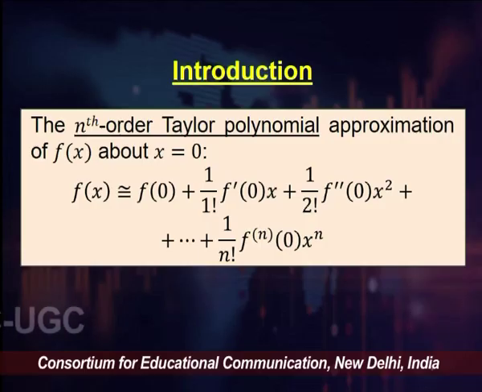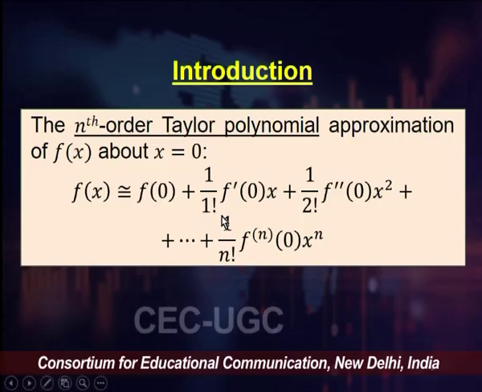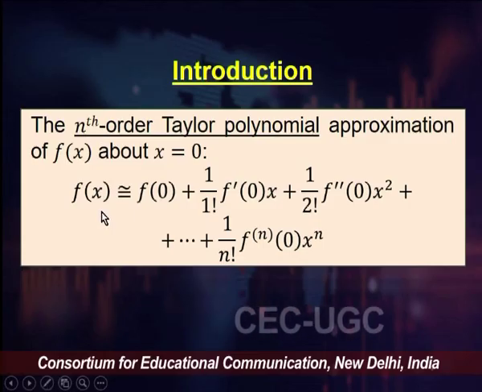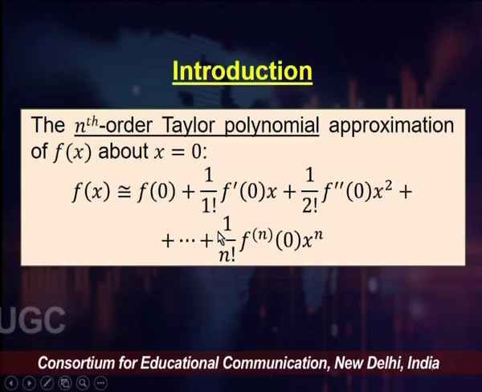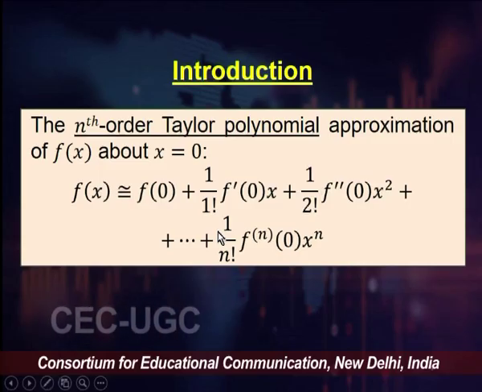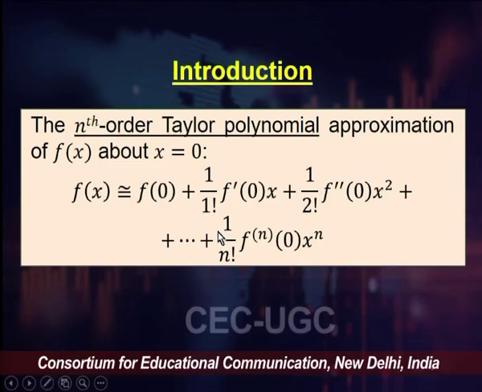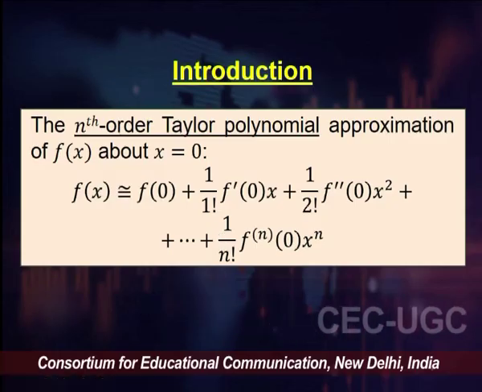However, if x is not equal to 0, then it is not necessary that the left hand side and the right hand side will be the same. So, in this case, we want to ask ourselves, what exactly is the error that we are making in the polynomial approximation that we are taking?